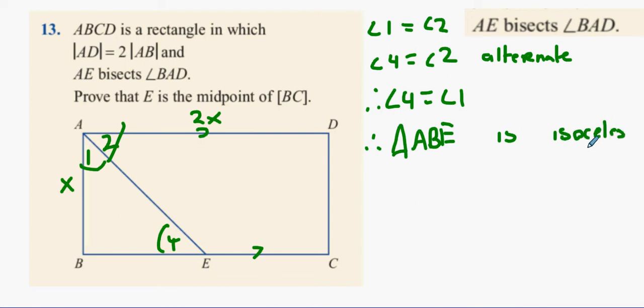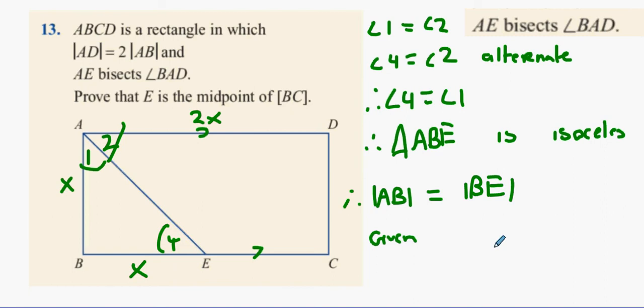And if it's isosceles, it means that AB and BE are the same, so it follows that AB must be equal to BE. Right? And what we're given, if we divide both sides by 2, is that AB is a half of AD.